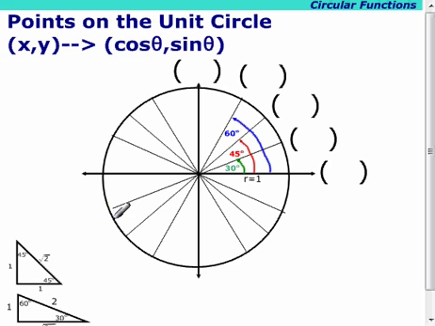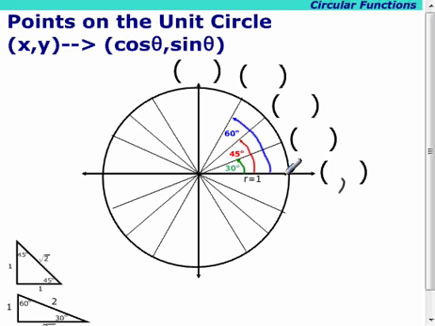And then we'll see what those points would be for the other quadrants as well. Notice that rather than plotting points as x and y values, I'm plotting them as cos theta and sine theta values. If you want to follow along on your calculator, you certainly can.